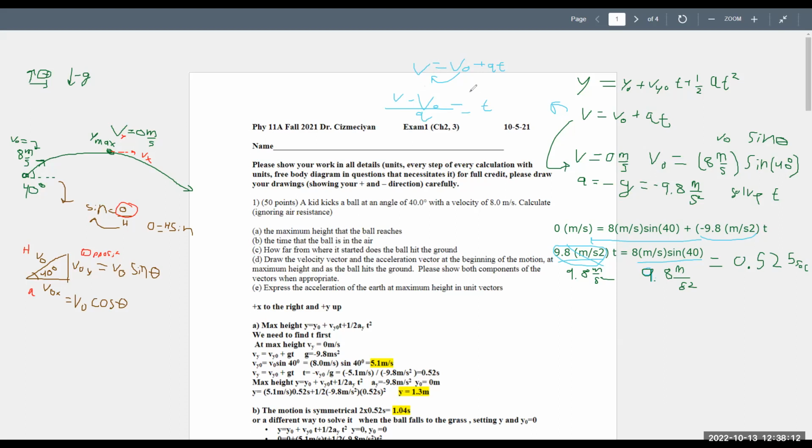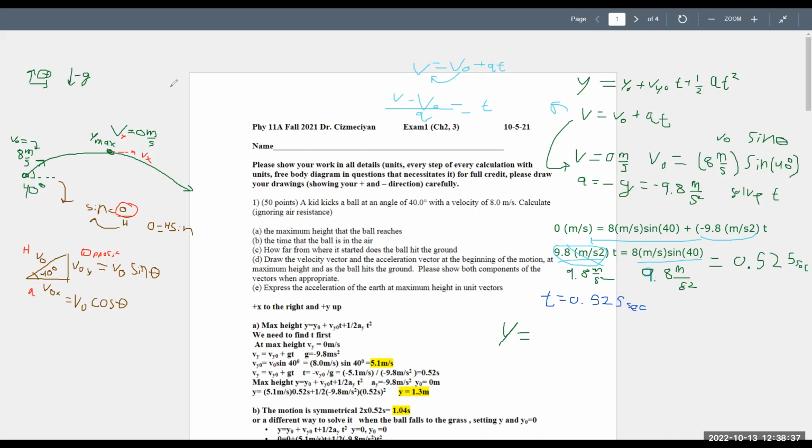Okay. So now that we know t equal to 0.525 seconds, now we can solve for the max height. So that's going to be your y when your v naught is 0 using this time.